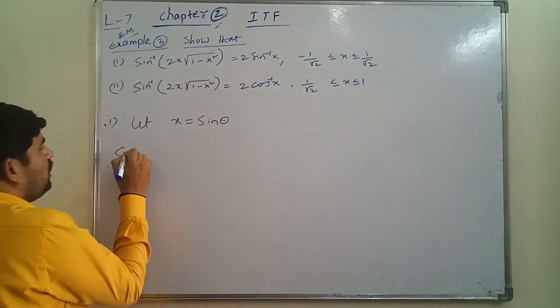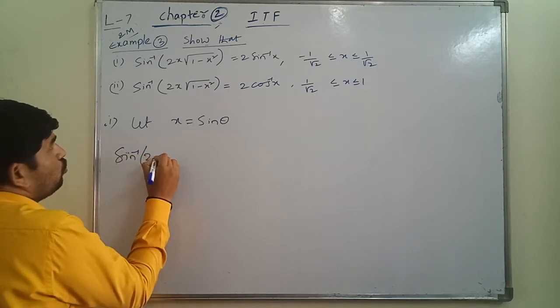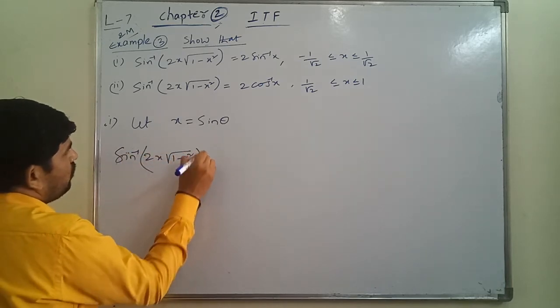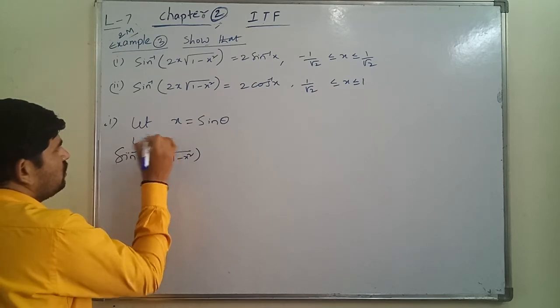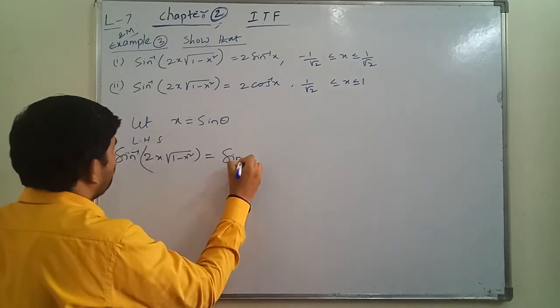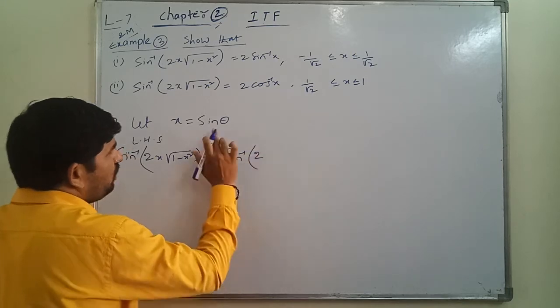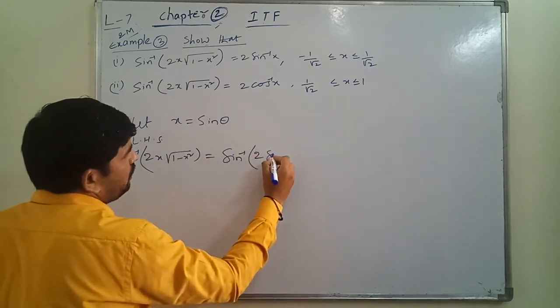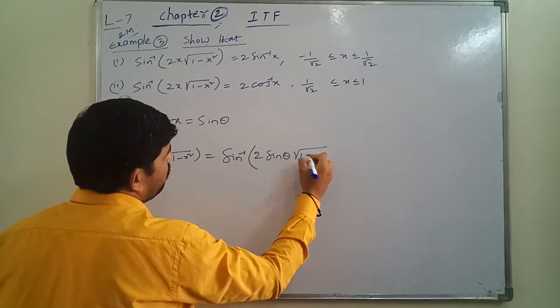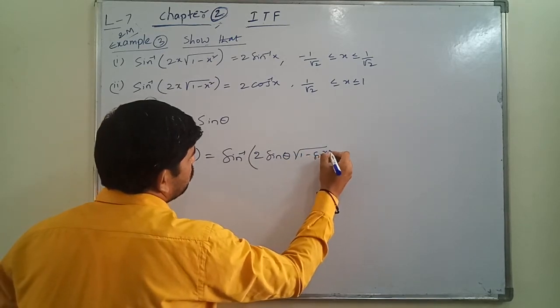Now taking the LHS, sine inverse of 2x into root of 1 minus x square, is equal to sine inverse of 2 into, in place of x I will write sine theta, into root of 1 minus sine square theta.